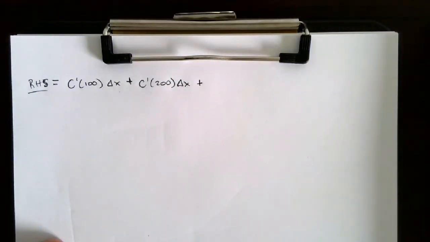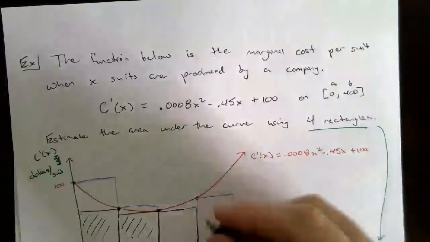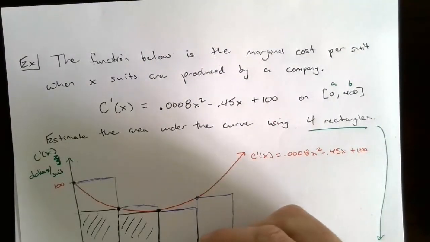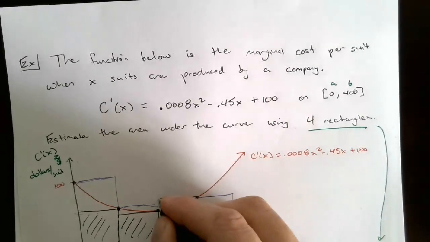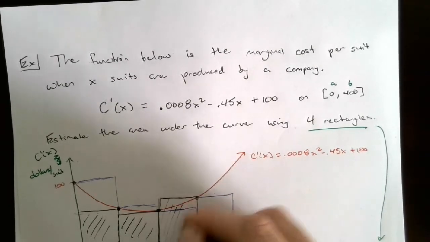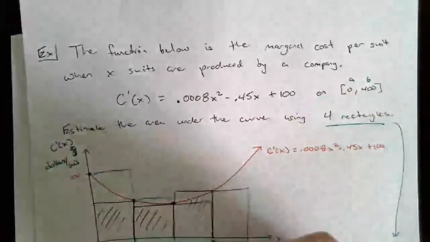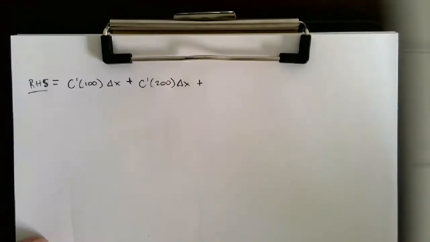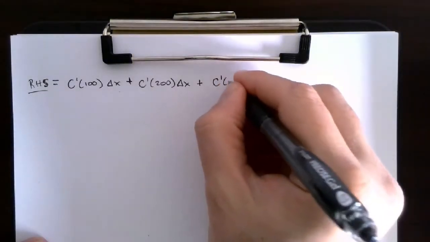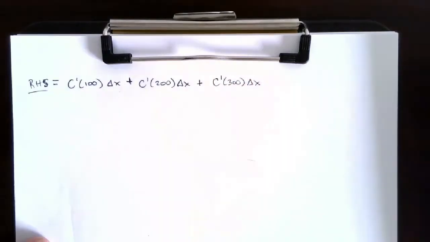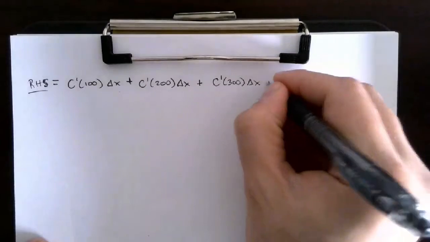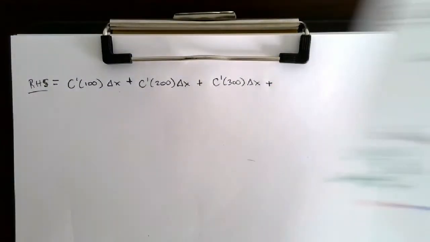Plus the next rectangle, using the right endpoint, I would go over to 300. That's my next endpoint. I'm going up and then following that over. Remember, you're making a right angle and then back down. So we've taken the area of that rectangle. The height is C prime of 300 times the width, which is delta x, plus the last rectangle.